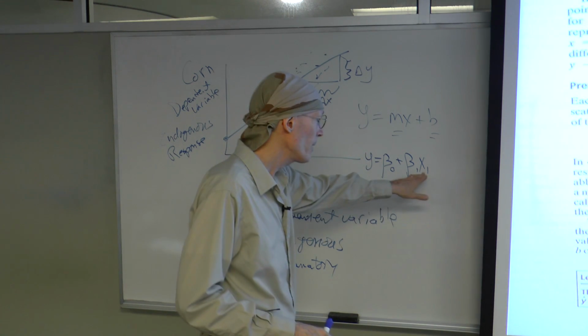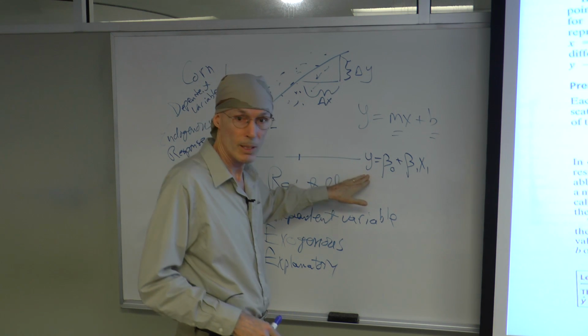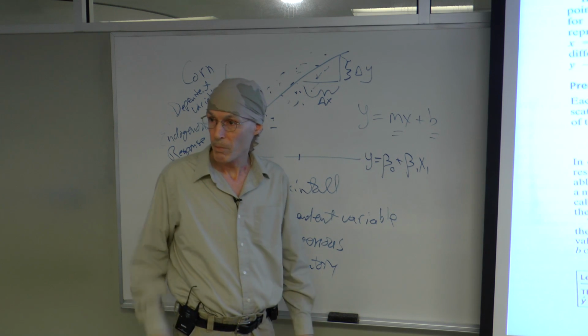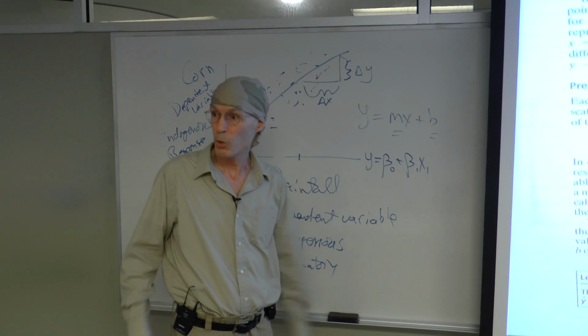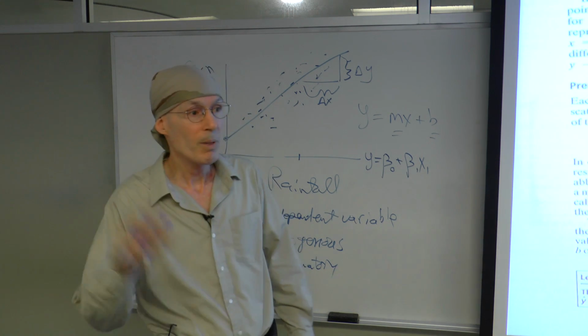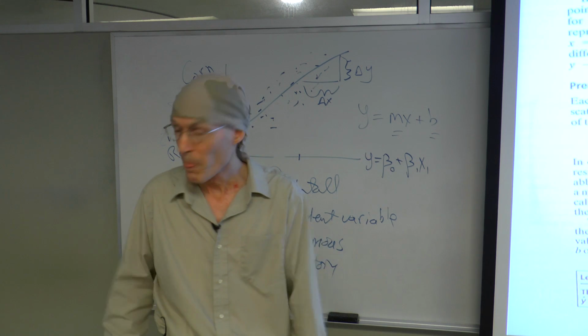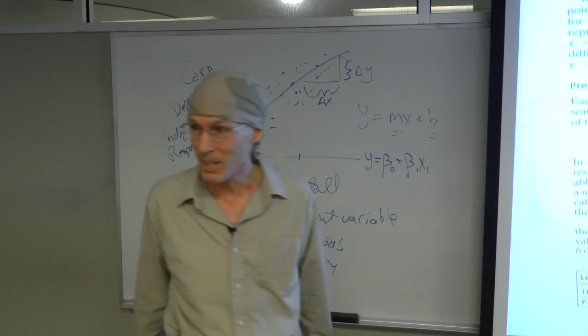So it's not just rainfall going in here, but also fertilizer causing an increase in corn yields. But for right now, we're dealing just with rainfall. When we get to fertilizer, we're going to add an x2. Then you could also put in x3, which is the amount of work the farmer is doing plowing the fields, and then an x4, which is whatever you're thinking of, okay?